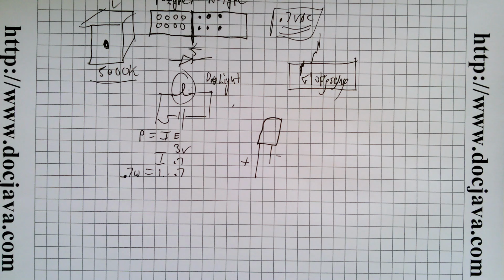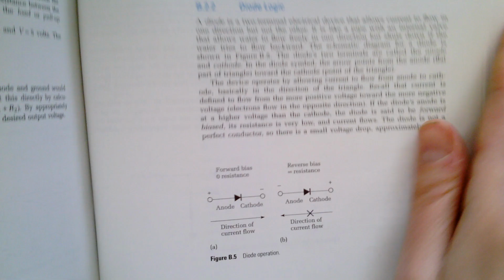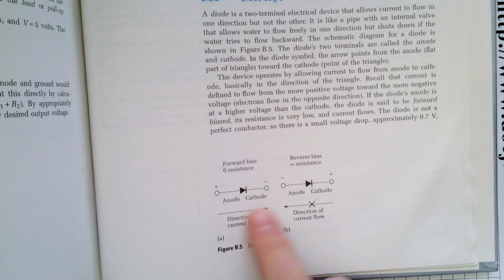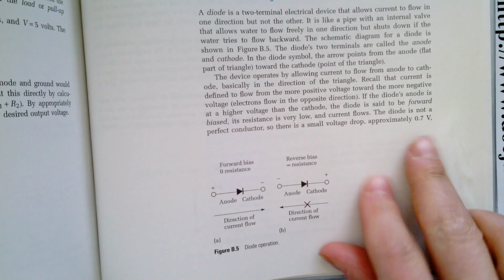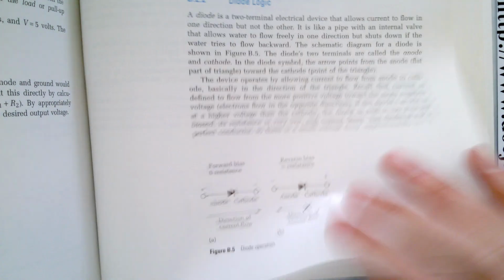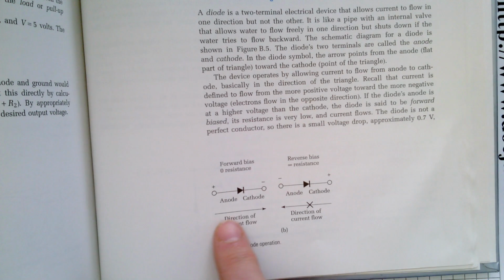And if you go to page 669 in the book, you can see the anode and the cathode, the positive, the long side, and the short side. And the electricity only flows in one direction.